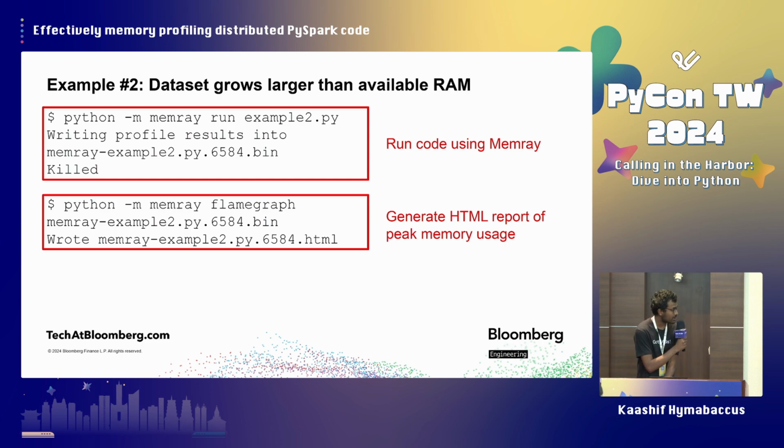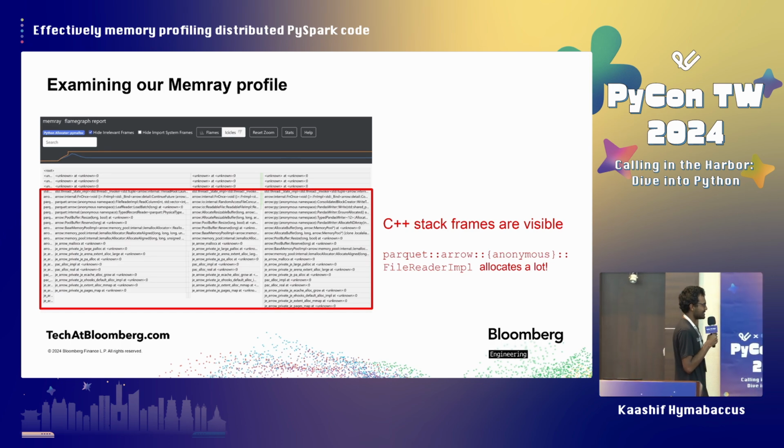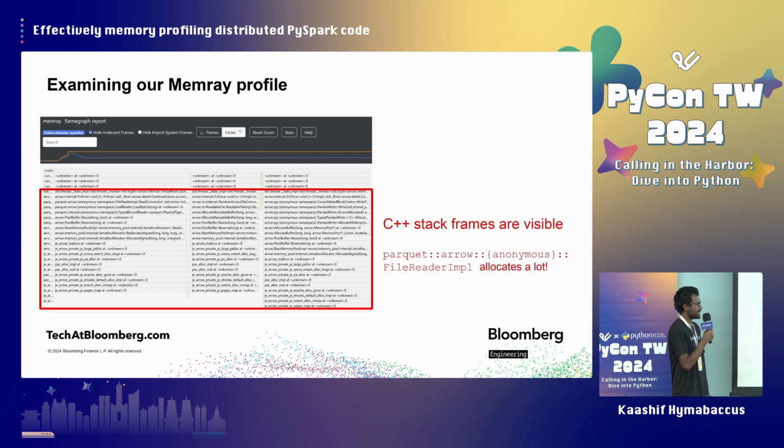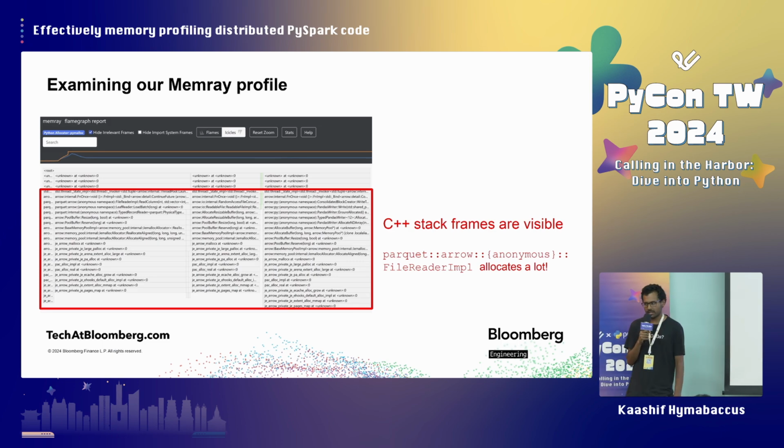Let's take a look at it. This is going to look a bit scary, maybe, but before you get intimidated by this, the point here is that you can see into all of the C++ stack frames. What you're seeing here is a bunch of calls into the Arrow library, which is what we're using to load the Parquet file.